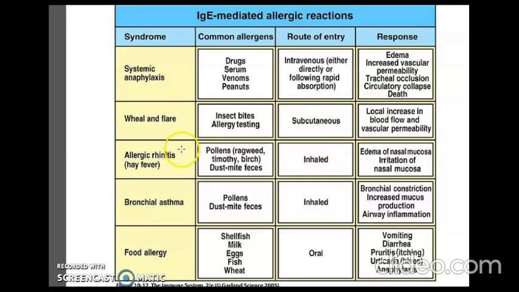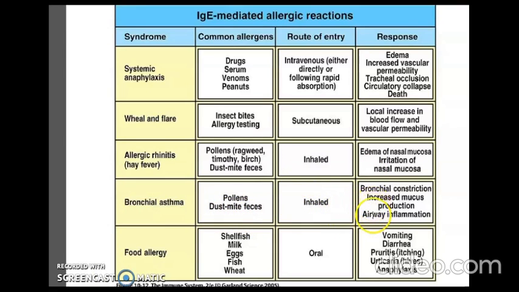In allergic rhinitis, the causative agents are pollens and dust mite, and the route of entry is through inhalation. And the responses include edema in nasal mucosa and irritation of nasal mucosa. And next one is bronchial asthma, which is caused by pollens and dust mites again, and the route of entry is also through inhalation.